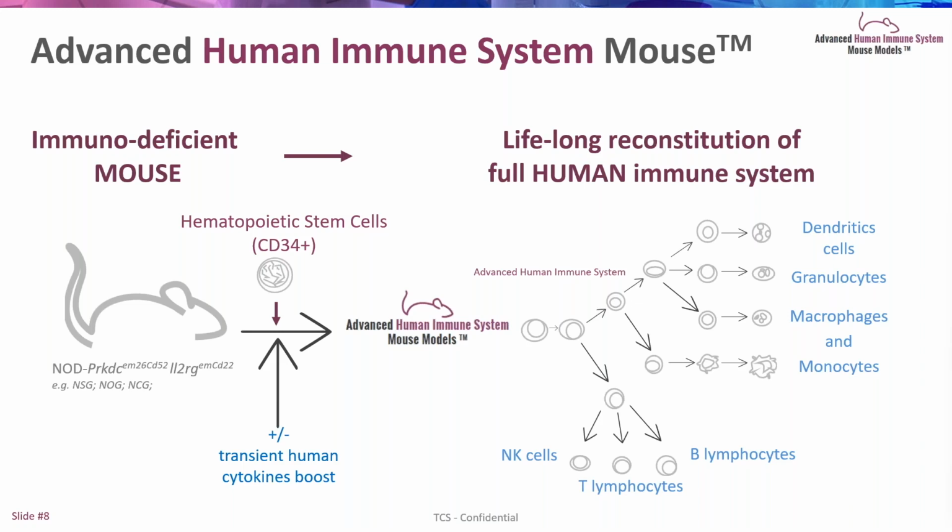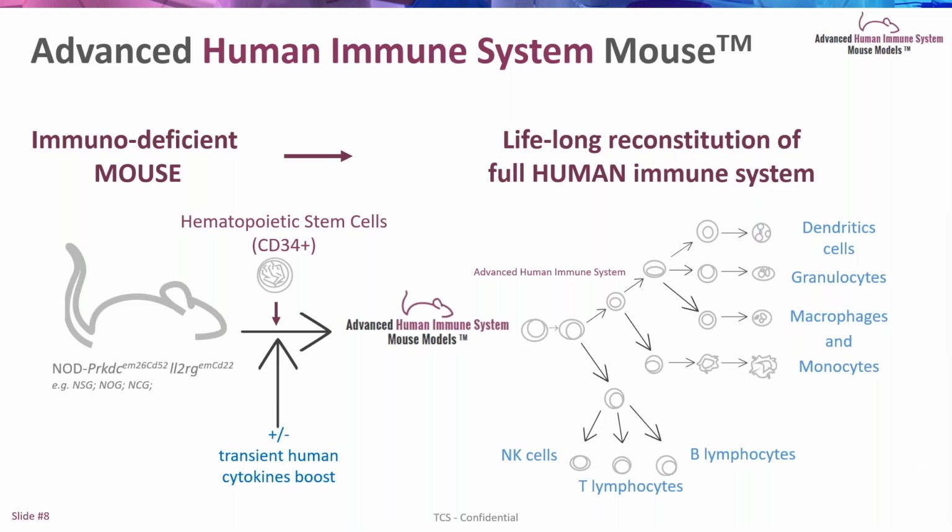So those CD34 positive cells isolated from cord blood are engrafted into those immunodeficient animals. Then we let the system mature for 14 weeks, and we end up with a mouse that has a complete human immune system, from the dendritic cells to the macrophages, including B, T, and human NK cells. All these cells are there and are fully functional.